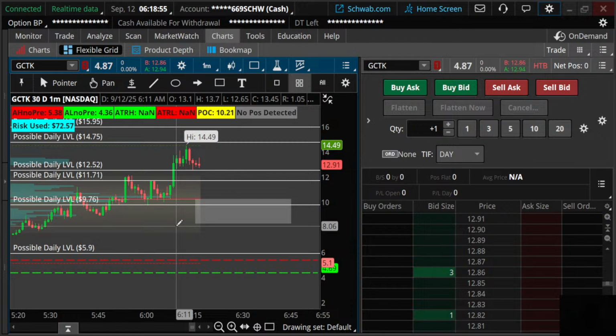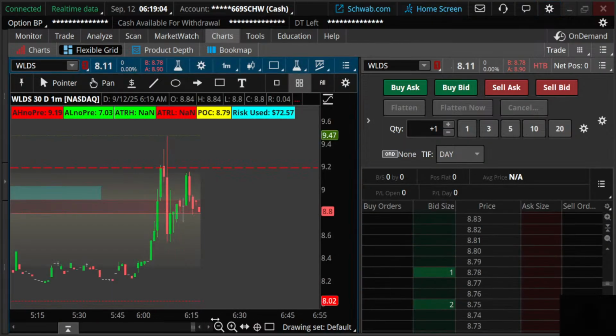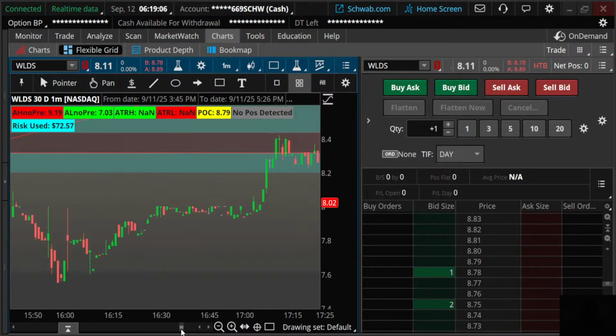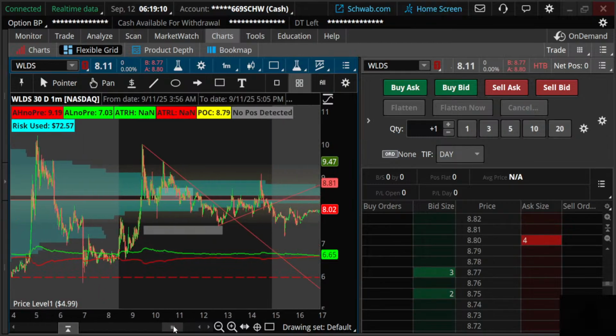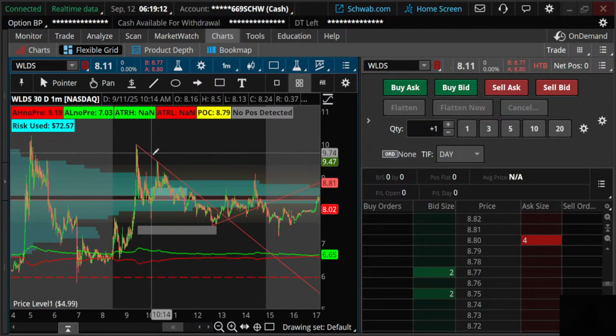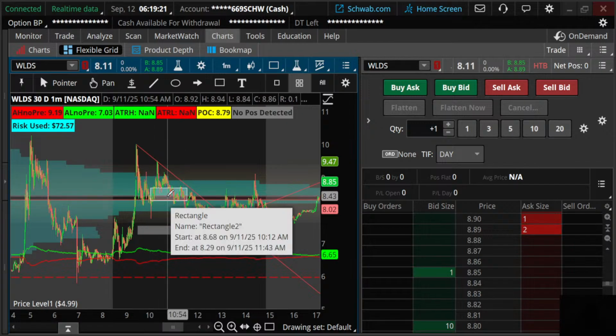The trade that I did yesterday was on WLDS for some green. Over here. So I watched it go up here, started to form a little bit of a heavy level of volume here that transitioned the point of control.